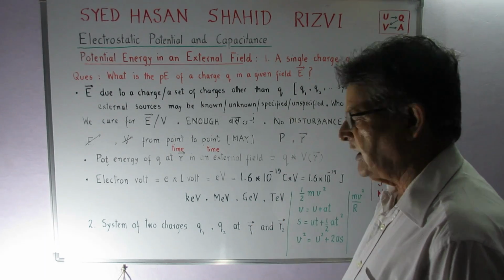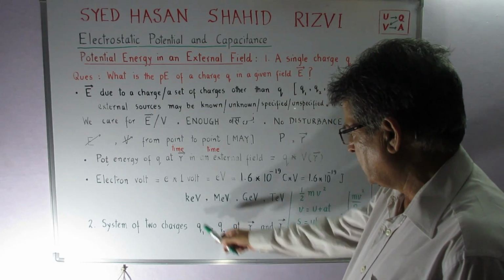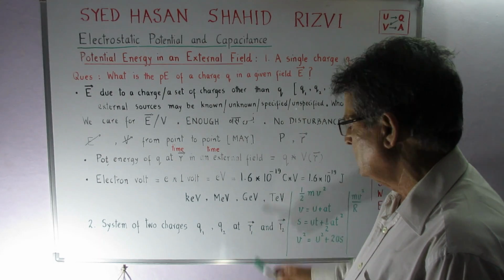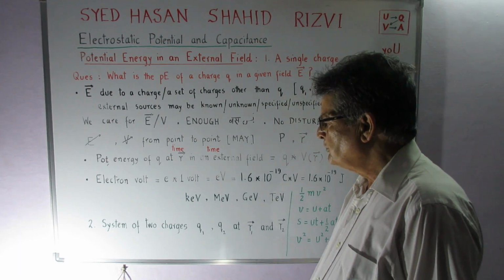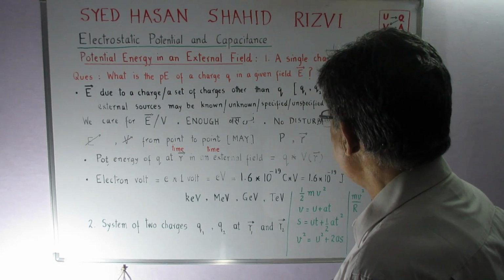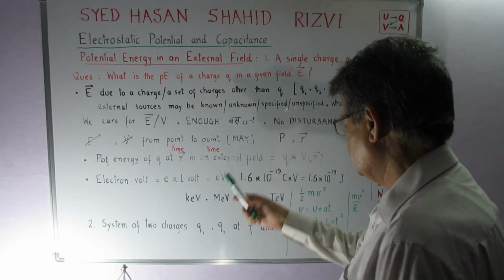TeV, T for tera. That is 10 to the power of 3, 10 to the power of 6, 10 to the power of 9, 10 to the power of 12, etc. So charged particles may have energies in this range.